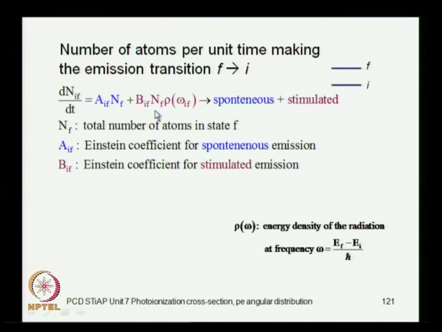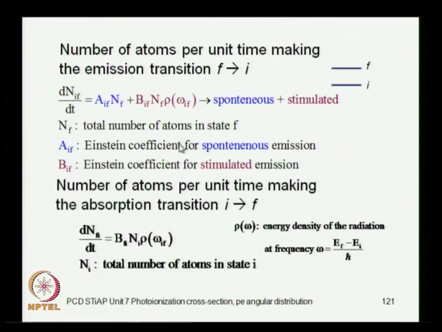For the stimulated process, the rate is determined not just by this number, but also by the density of the radiation field at that frequency, and another coefficient, the third Einstein coefficient, B_IF. So there are three Einstein coefficients to talk about.